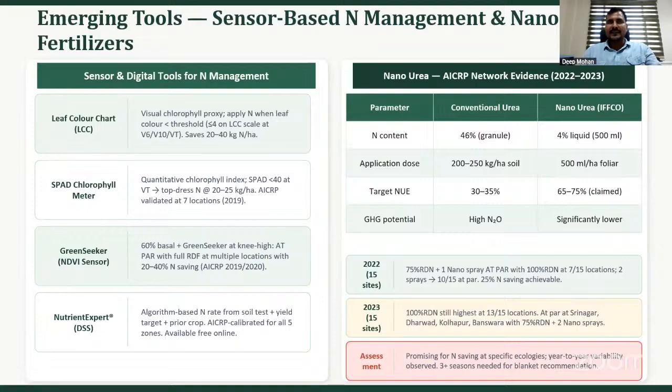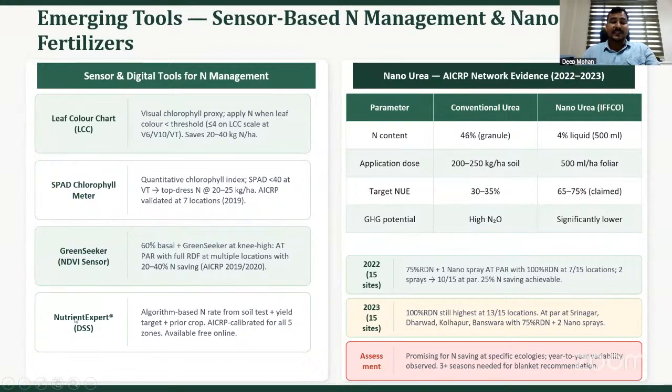In addition to STCR or soil test based, there are other tools like sensor based. Dr. Parihar has already discussed sensor based nitrogen management in conservation agriculture. There are not only GreenSeeker based, there are other tools like leaf color chart, SPAD meter, GreenSeeker, Nutrient Expert. We have already discussed.